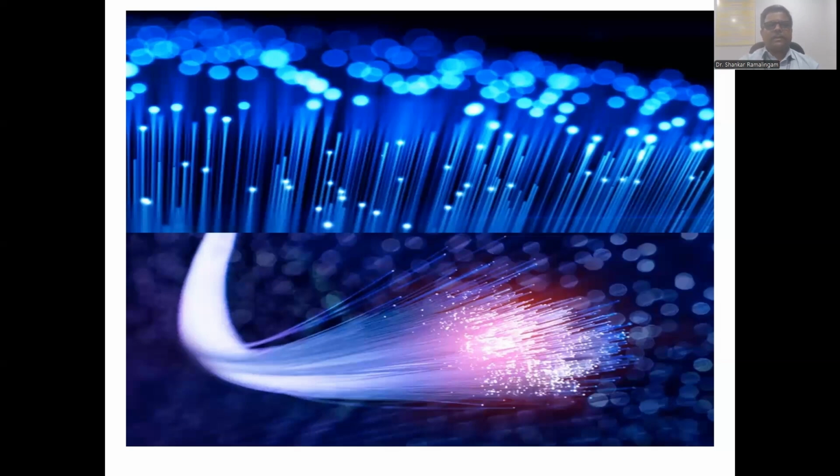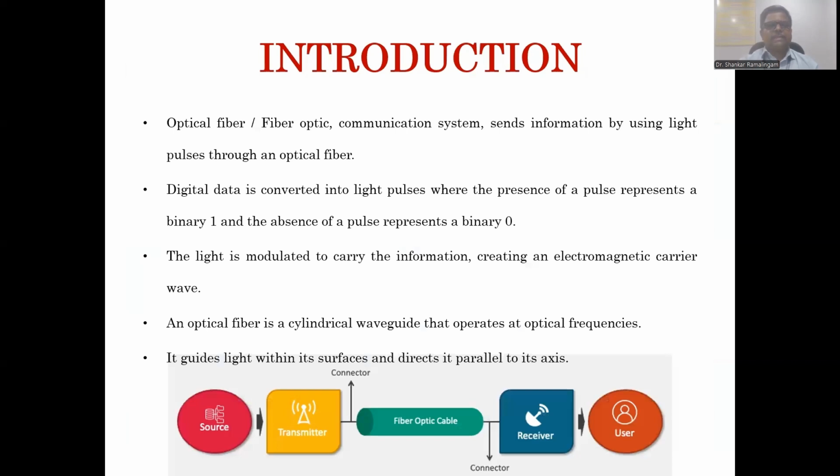Now, let us get into the introduction of optical fiber communication. As I said just now, optical fiber or fiber optic communication system sends information by using light signal in terms of pulses through an optical fiber, which is a medium in our optical fiber communication system.